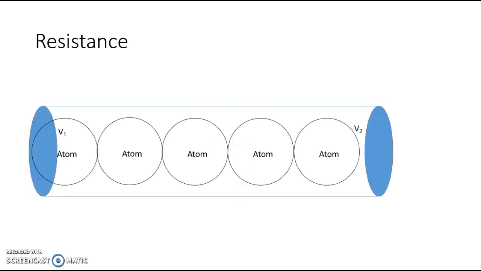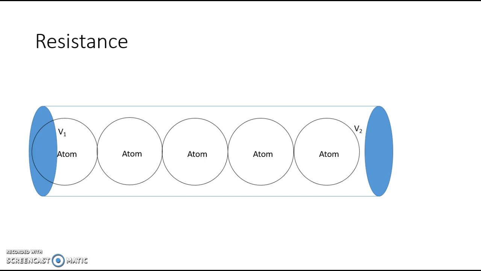All right, now let's jump to electricity and electrons moving through a piece of wire, or let's say a device in this case. We know that all items in nature are made up of atoms, okay? Let's say in this case here, this is some device, and on this end we have some voltage or potential, and on this end we have a different voltage.